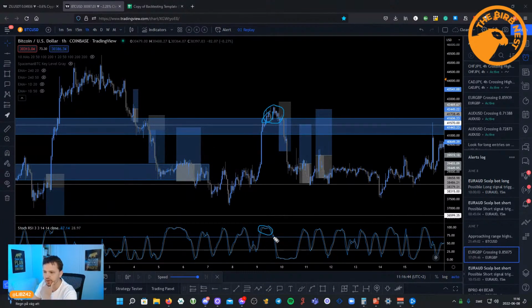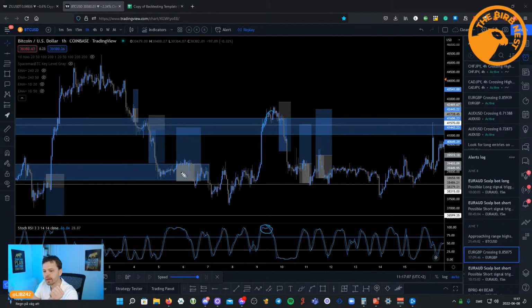What I would do is say that this is confluent with the stochastics RSI, because the fact that the stochastics RSI is topping out while price is also topping out right here kind of adds confluence to that.